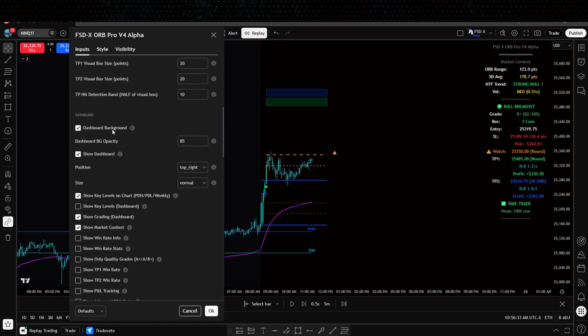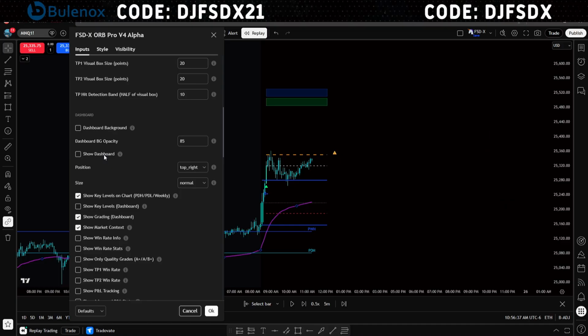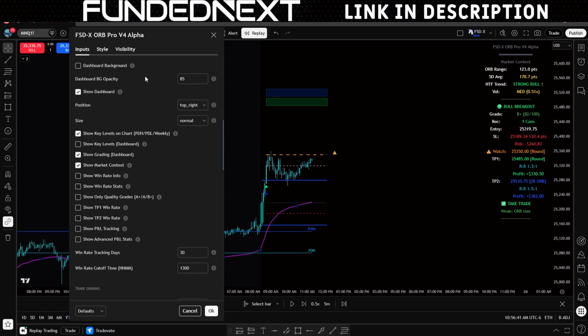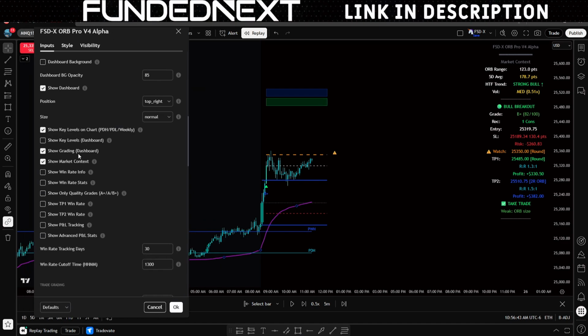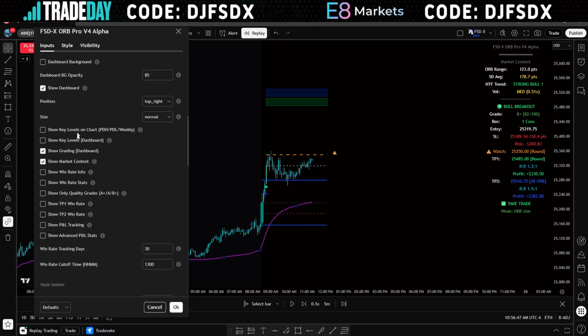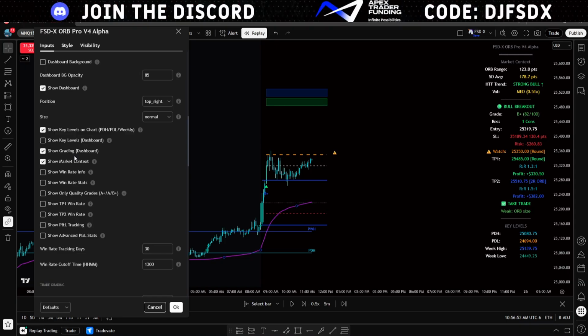This is just for the background, and this is for the dashboard itself. You can disable it, enable it, change the size. These settings are for the key levels, if you want them on the chart or not. This is if you want the key levels on the dashboard, if you want to know exactly what the numbers are. Then the win rate info.